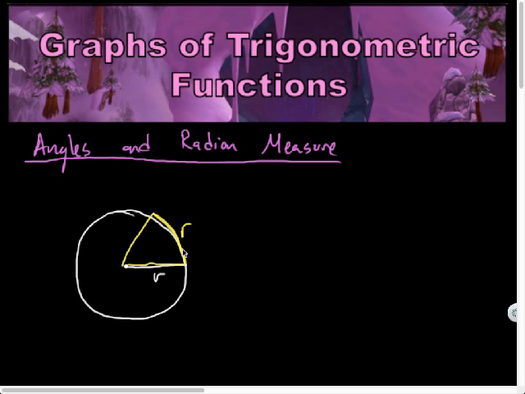So that measurement around the circle creates an angle, all right? And the size of that angle would be called 1 radian, okay? So I guess the way I would describe radians, a radian is an angle measured by the number of times a radius fits into the arc.